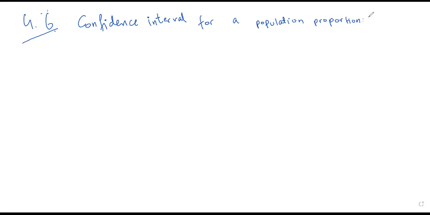I would like to give you a quick recap. In the last section, we discussed how to find the confidence interval for the population mean. You must be noticing that in the last section we were writing mu in the center, right? But there's only a bit of difference. First, you have to understand what population proportion is, and then you only need to understand the formula. That's it. Perfect. So I will just quickly write down.